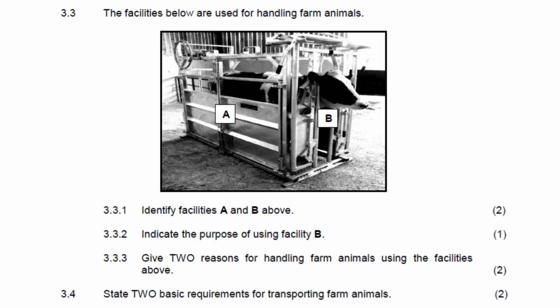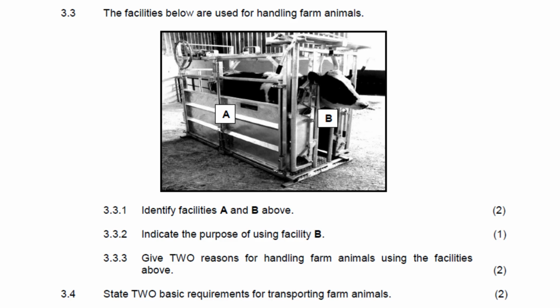So you are not asked to explain there, you just identify these parts of this facility, right? Now the crush is basically used to restrain the animals, whether it's for safety or for veterinary procedures, or maybe for artificial insemination and other farm procedures.